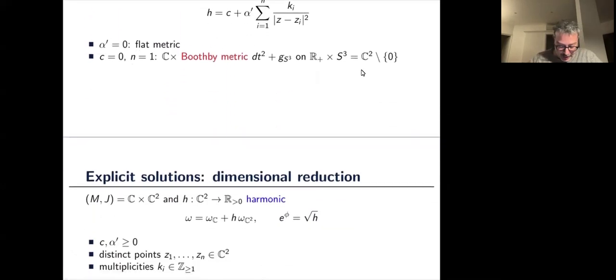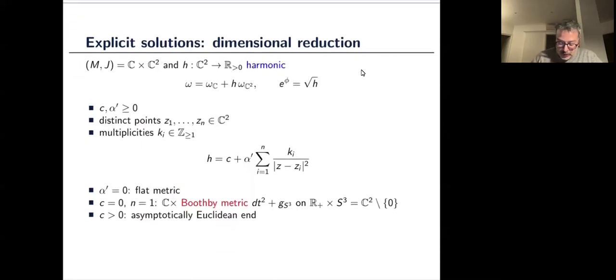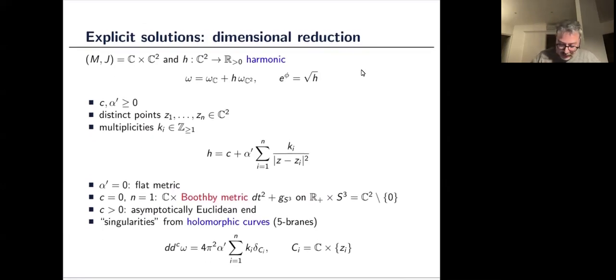So that's the simplest thing, but you can then add contributions at different points, and this constant C determines the asymptotic behavior at infinity. If C is positive, then the metric at infinity is asymptotically Euclidean. If C is zero, then you have this cylindrical behavior at infinity. So this is going to be a metric that has n plus one ends.